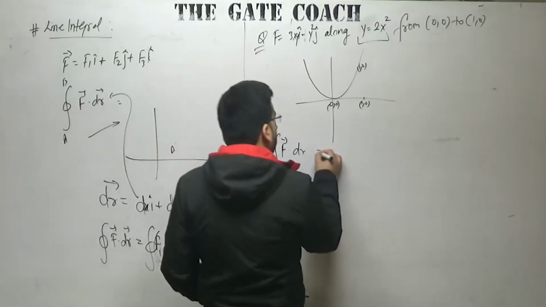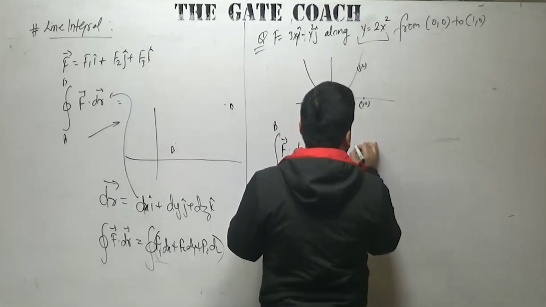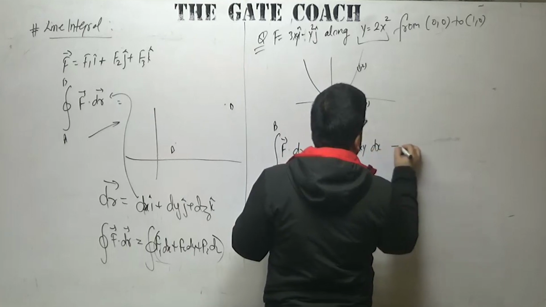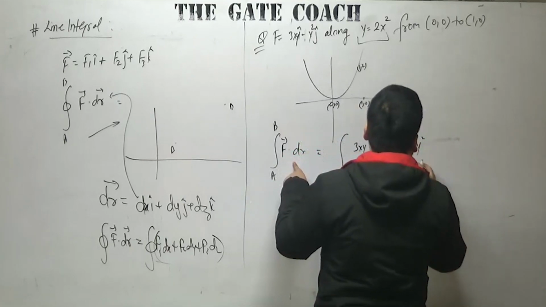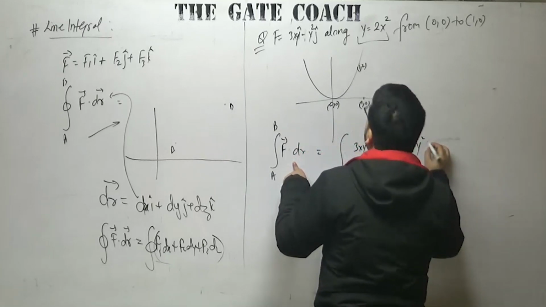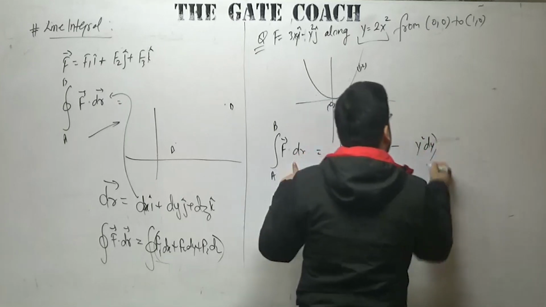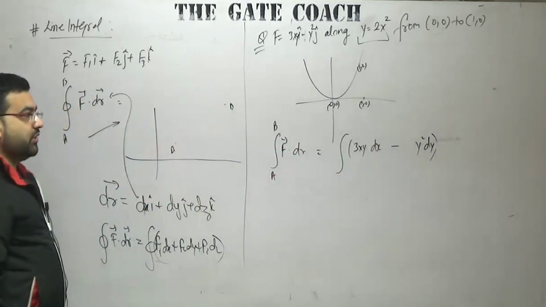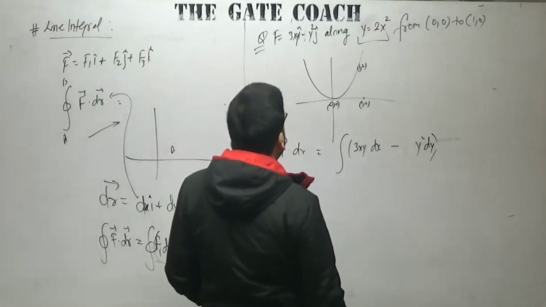Let me first of all write it. It will be equal to the integral of 3xy dx minus the integral of y square dy, along y is equal to 2x square, we have to move.